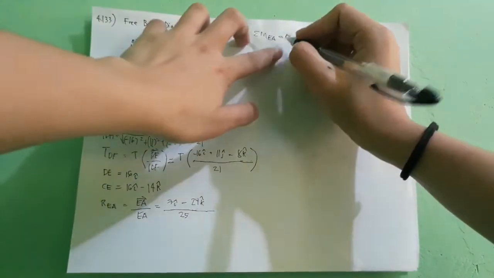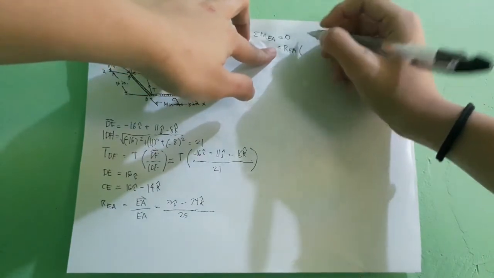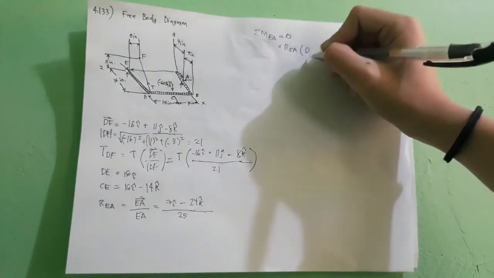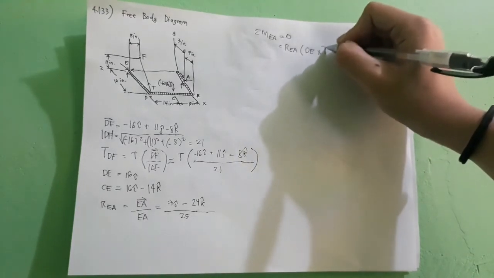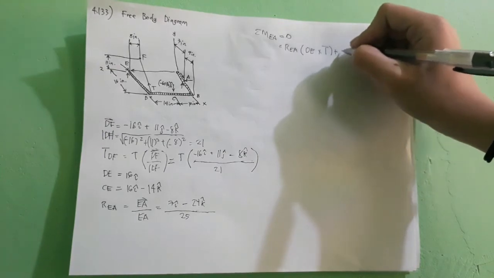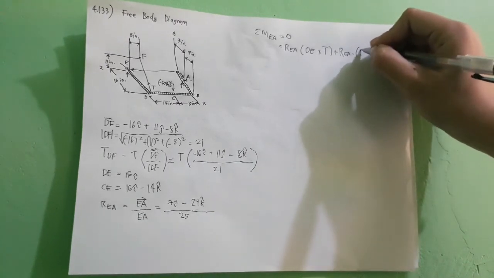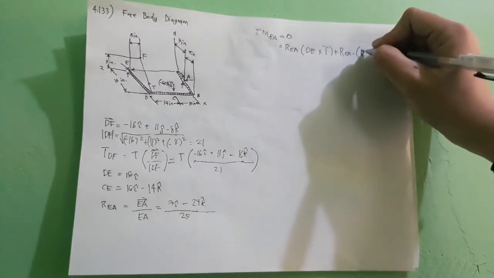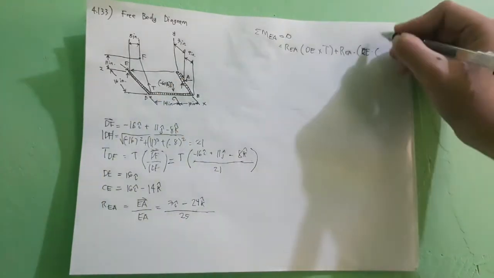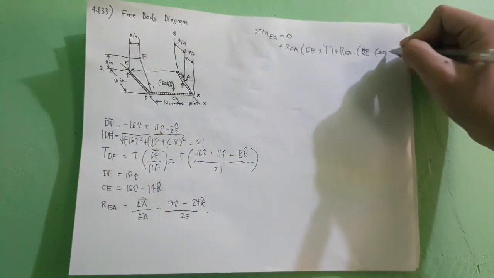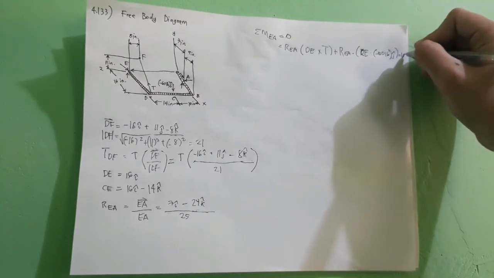So the sum is equal to REA times DE times DF, plus REA times CE times the negative 60 pound j, is equal to 0.